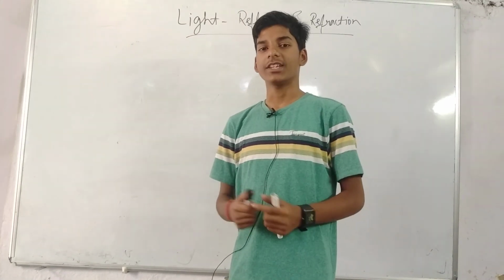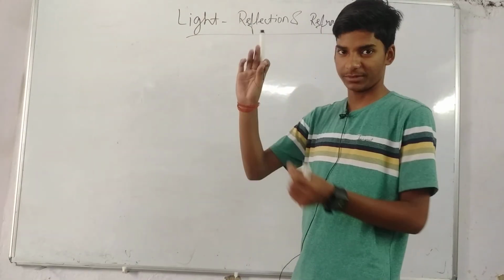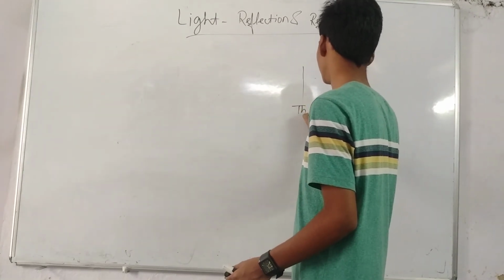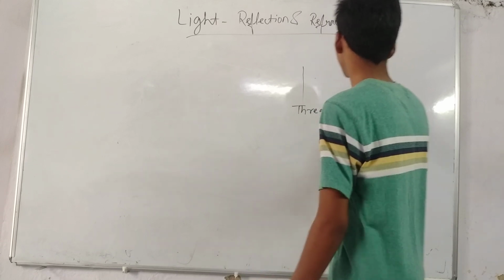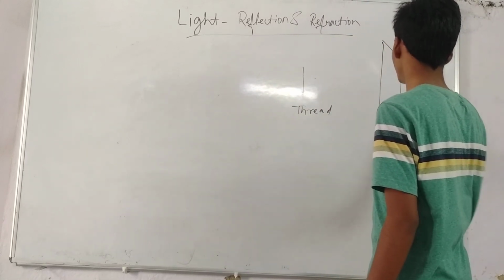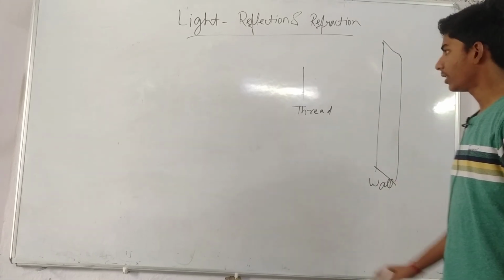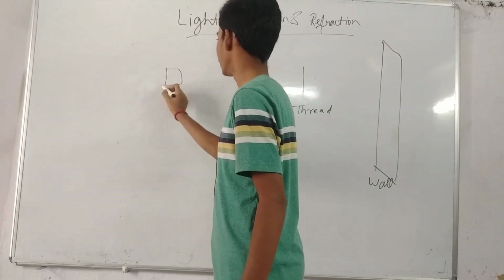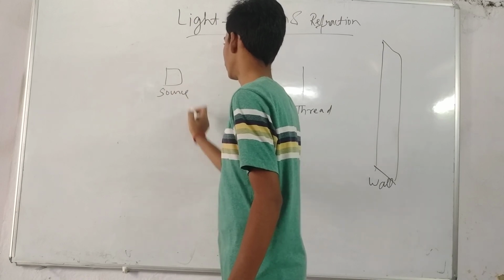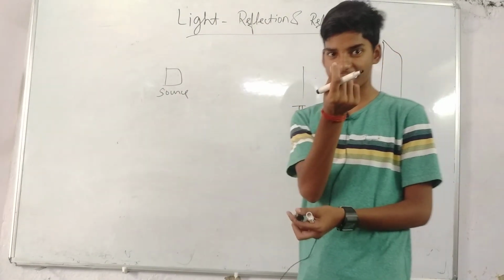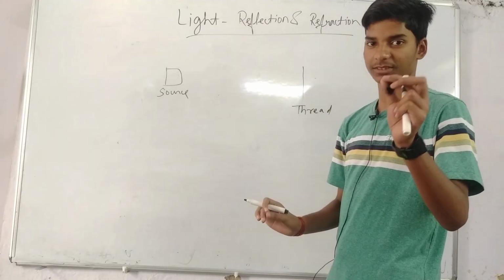You try one activity. Take one thread. Here is a wall, and here is the source of light. We know that a thread is very thin.